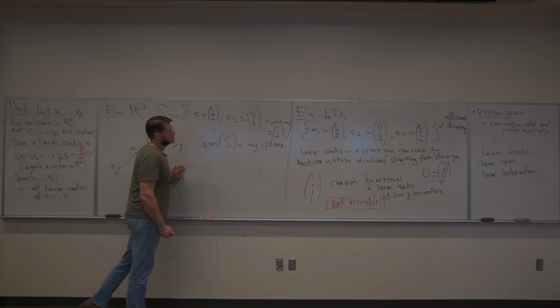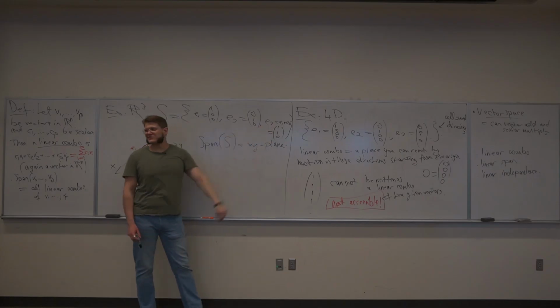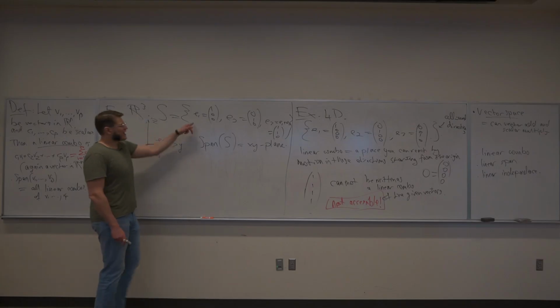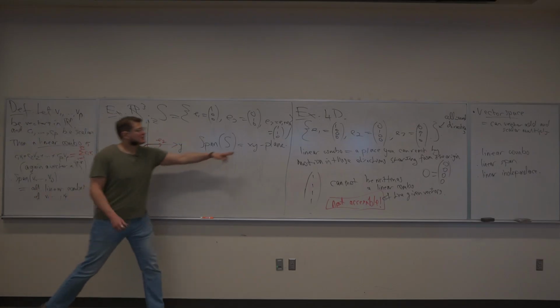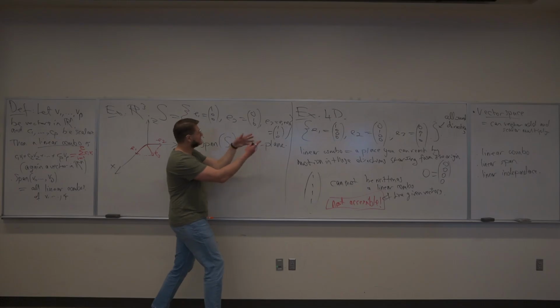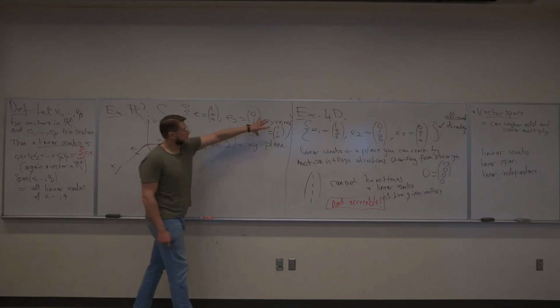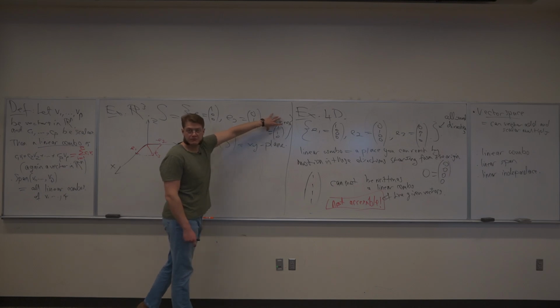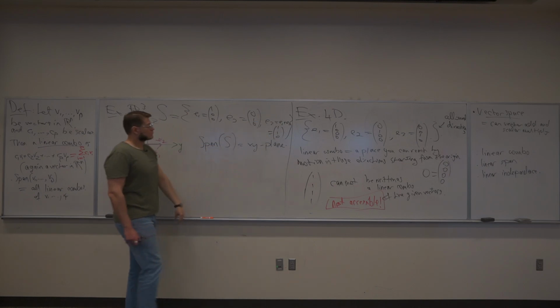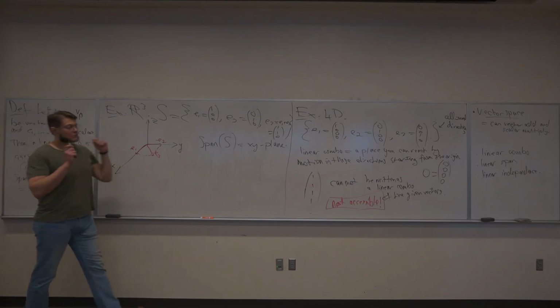I want to say one more thing. In this case, for instance, E3 is somewhat redundant. If I have E1 and E2, I don't need to say explicitly, oh, I'm allowing my robot to go in the E3 direction also. Because any motion in the E3 direction, I can split into motion in the E1 direction and the E2 direction. So this is redundant, really. But that's OK. Redundancy is a different matter. Spans and linear combinations are all about accessibility, where we can go.